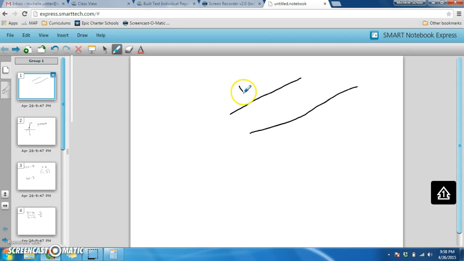Otherwise, they'll intersect. So if this is y = 2x + 3, okay, maybe this is y = 2x + 1. Okay, they're different lines, but they have the same slope, so they're parallel, so they never intersect.